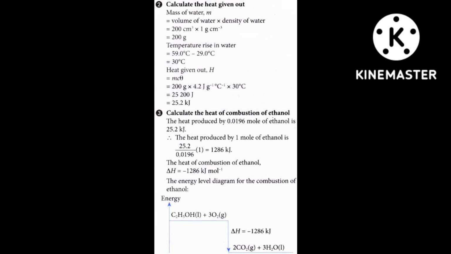But here you require 7.5, means 15 by 2 mole of oxygen. So C6H6 plus 15 by 2 O2 will give you 6 CO2 plus 3 H2O. Okay, this is the balanced equation.